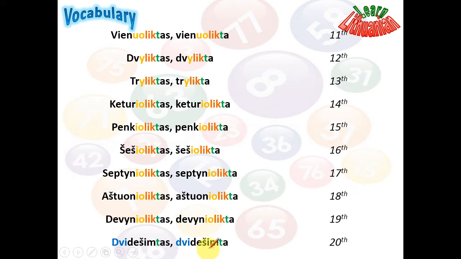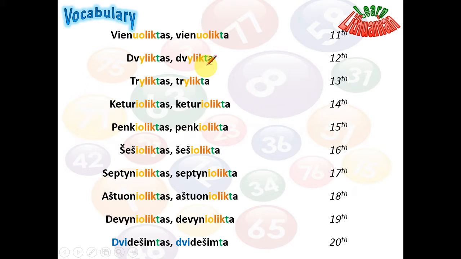Dvidešimtas, dvidešimta. So maybe these words, those feminine numbers, are pretty similar. Like if you have normal 12, it's dvylika, and if it's 12th, an ordinal number, it's dvylikta.